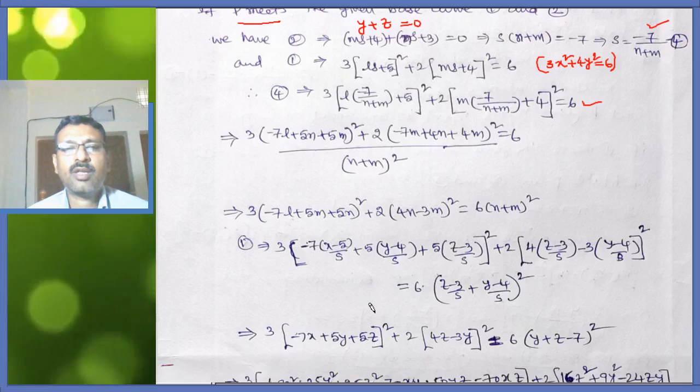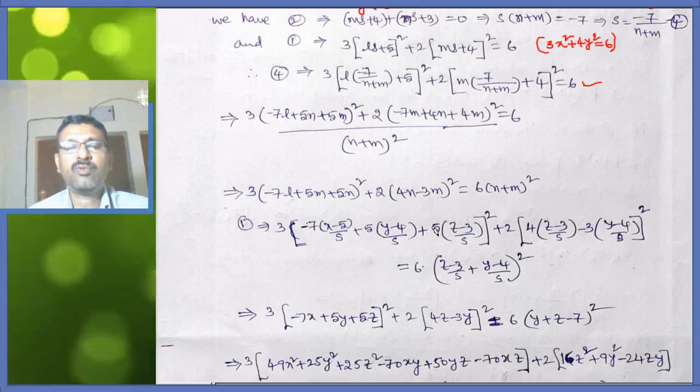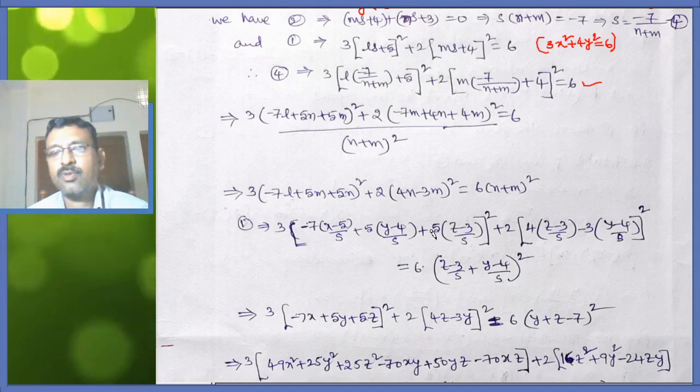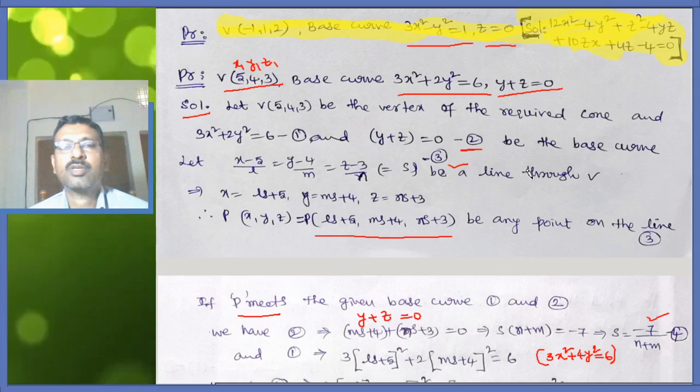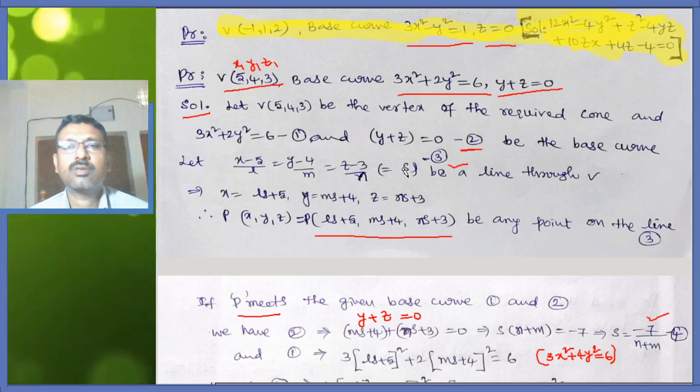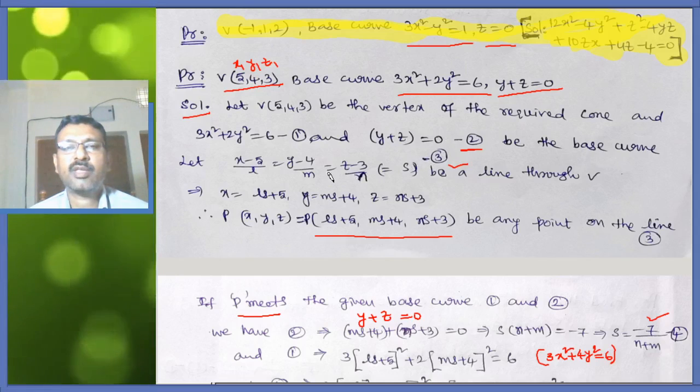So now I eliminate the L, M, N values with the help of the equation. Where is equation 1? Not equation 1, this is equation 3.